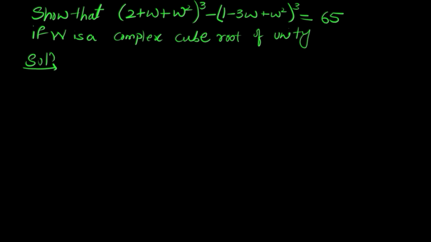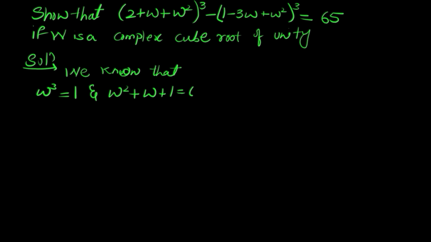So we know that if w is a complex cube root of unity, it means that w cube is equal to 1 and w square plus w plus 1 is equal to 0.